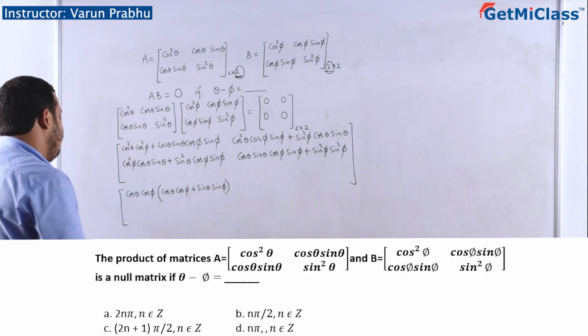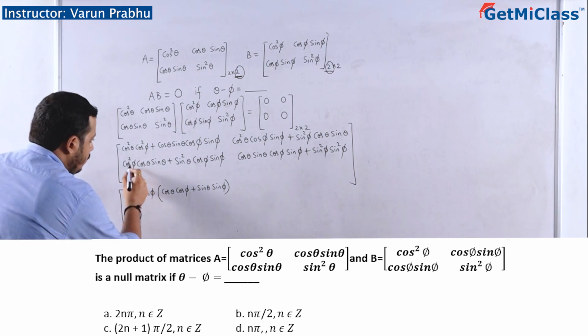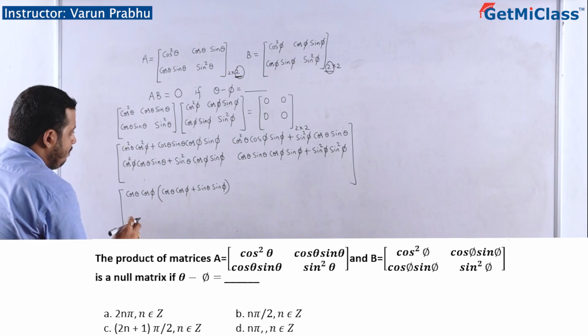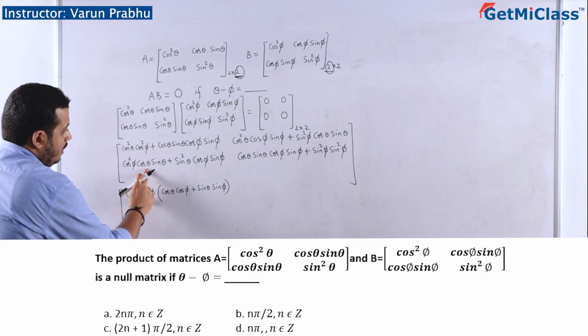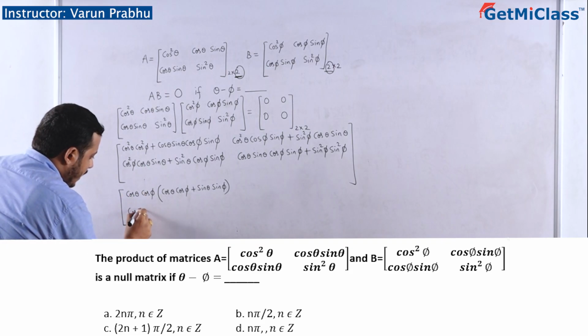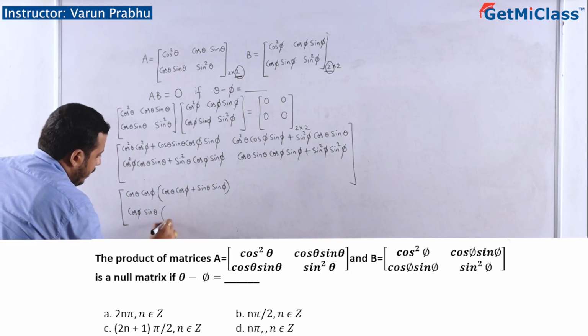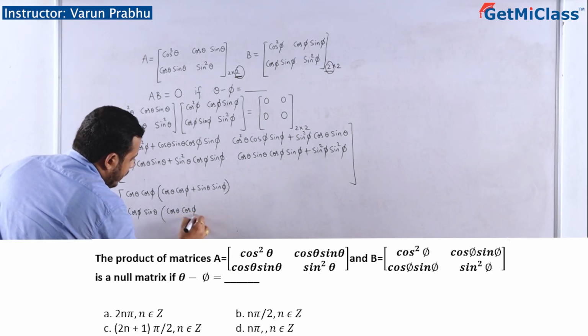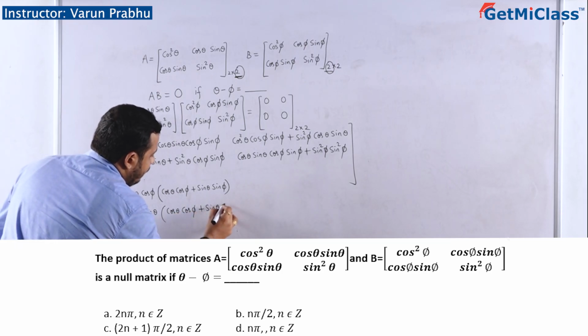Here also we can take out cos phi and sin theta. If we take out common, what remains is cos theta cos phi plus sin theta sin phi.